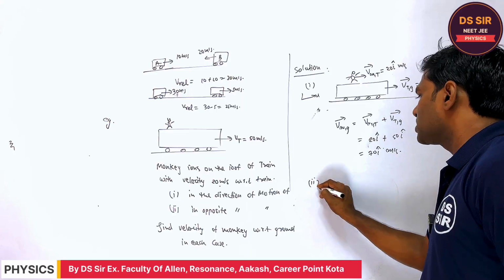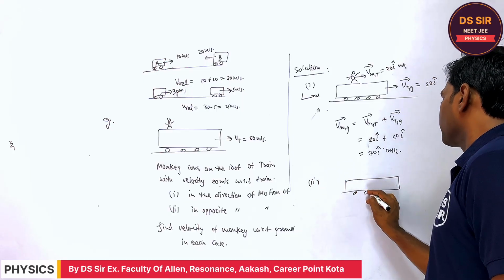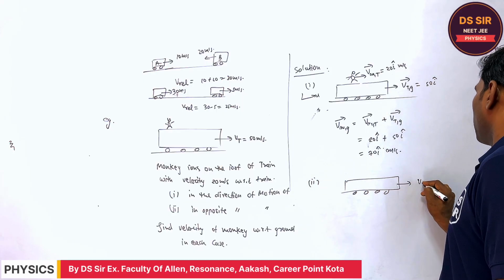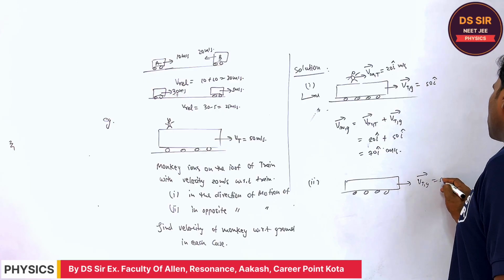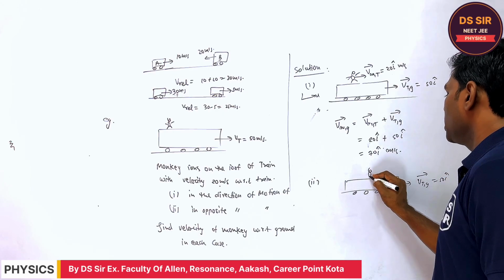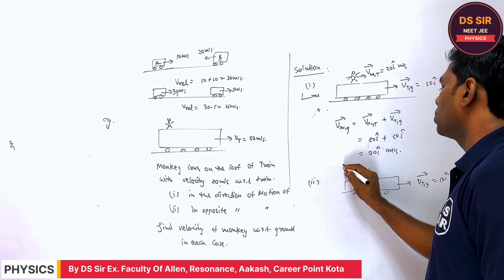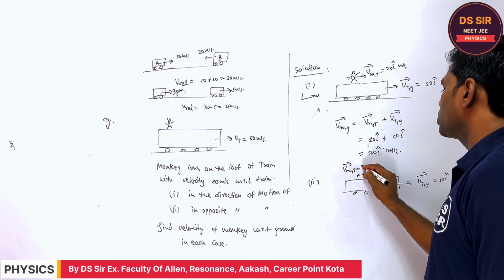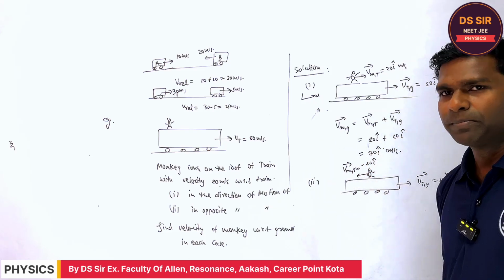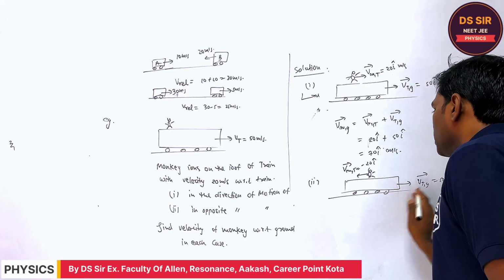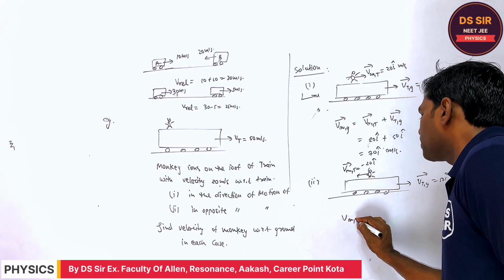In the second case, when the train is moving, right, velocity of train with respect to ground is 50 i cap, and the monkey is moving with respect to train in the opposite direction, velocity of monkey with respect to train is minus 20 i cap. So how to find the velocity of monkey with respect to ground?